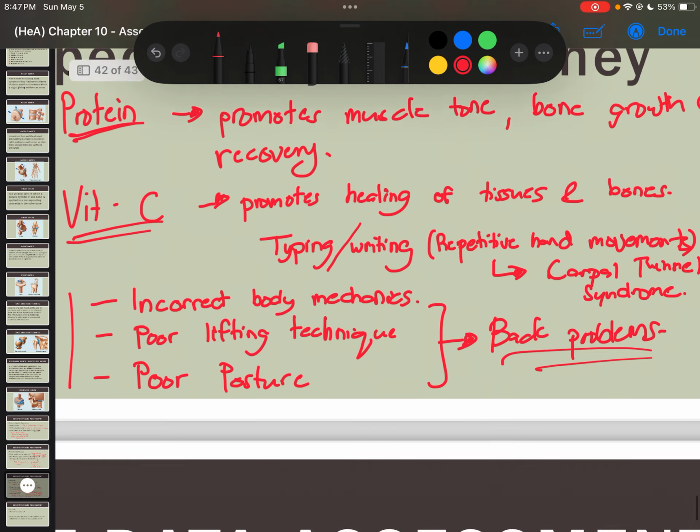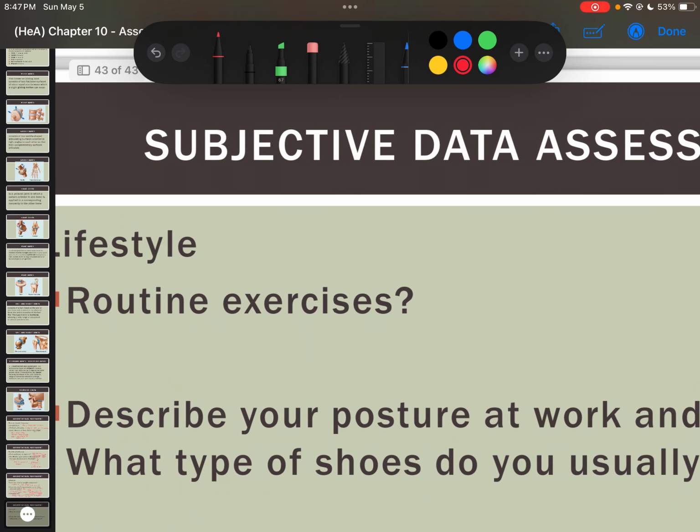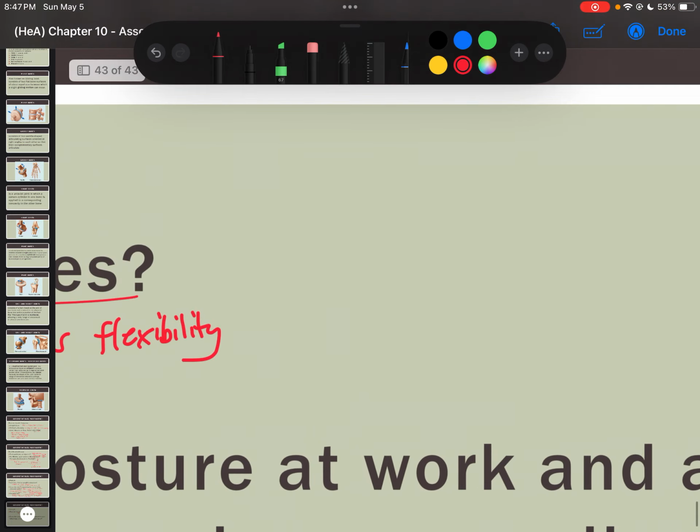And lastly, we have to ask them about their routine exercise. Exercise, number 1, promotes flexibility. And if you are flexible, you have a tendency to avoid injuries.